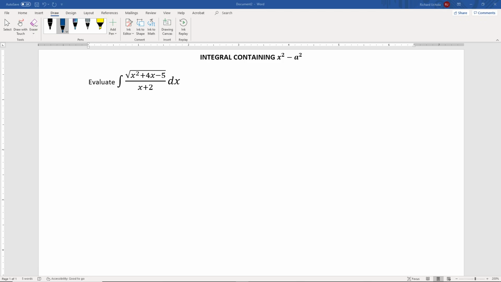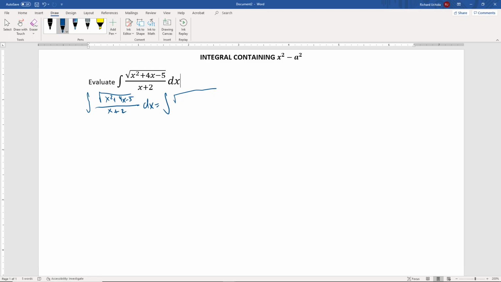So again, this integral, the integral of that square root of x squared plus 4x minus 5 over x plus 2 dx, that's equal to the integral of the square root. Now, like I said, we're going to use the method of completing the square. So we're going to take the number in front of the x, the 4, divide that by 2, square that, add it, and subtract it inside the radical.